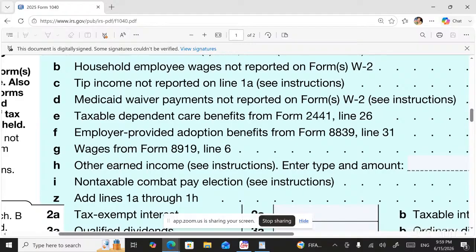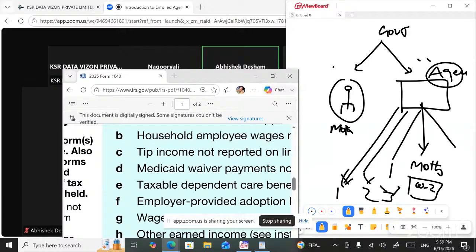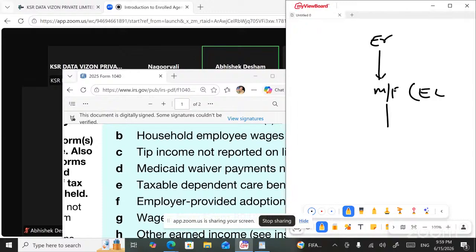This money is divided into two types again. The employer is giving to the parent, either mother or father, whoever it may be, who is the employee. So this employee has one child.